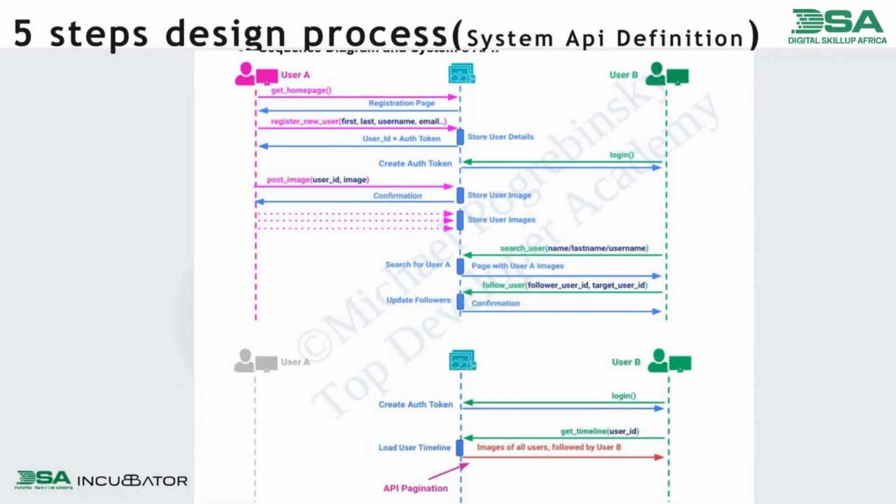We will implement this call using API pagination. So at that point where you are doing the page with user A's images, you will apply pagination so that your app will not crash. It will just be showing it one after the other.